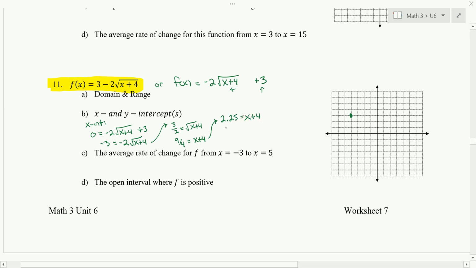So subtract 4 from that, and we have negative 1.75. So that's where we're going to cross the x-axis, at 1.75.